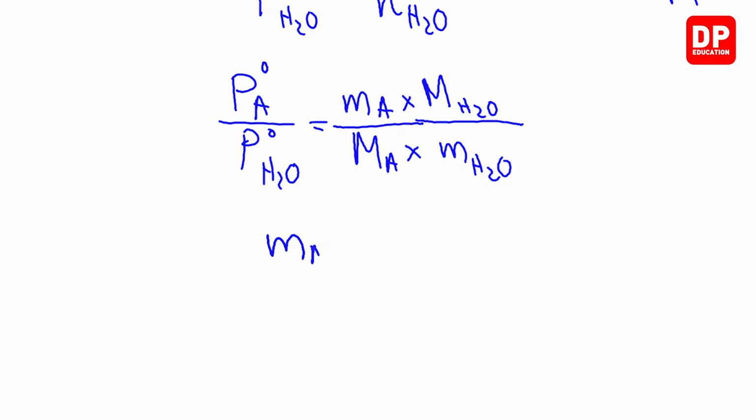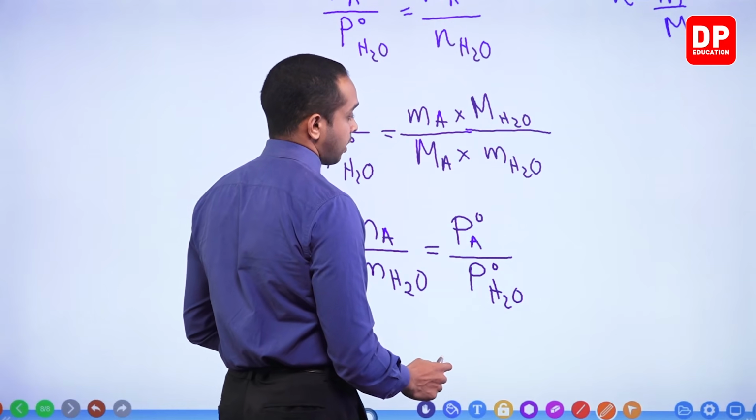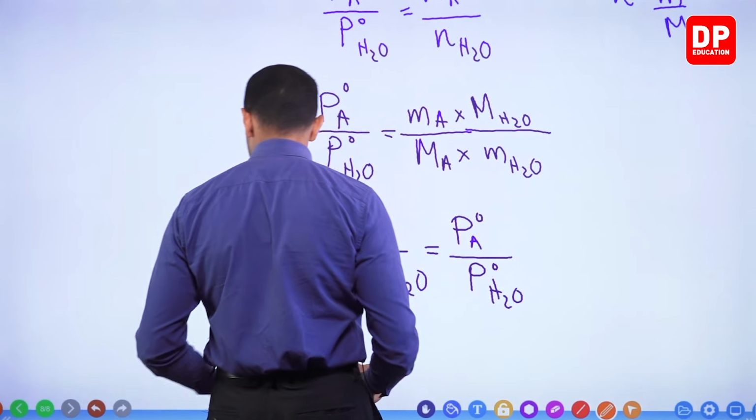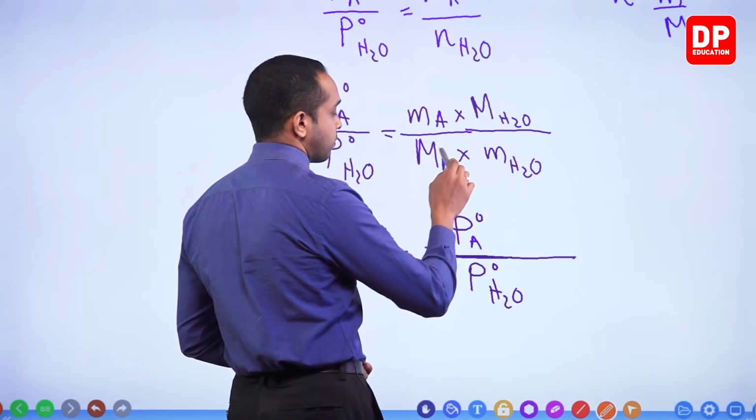Ma over MH2O is equal to P naught A divided by P naught H2O, and apart from that, students, we have these masses.